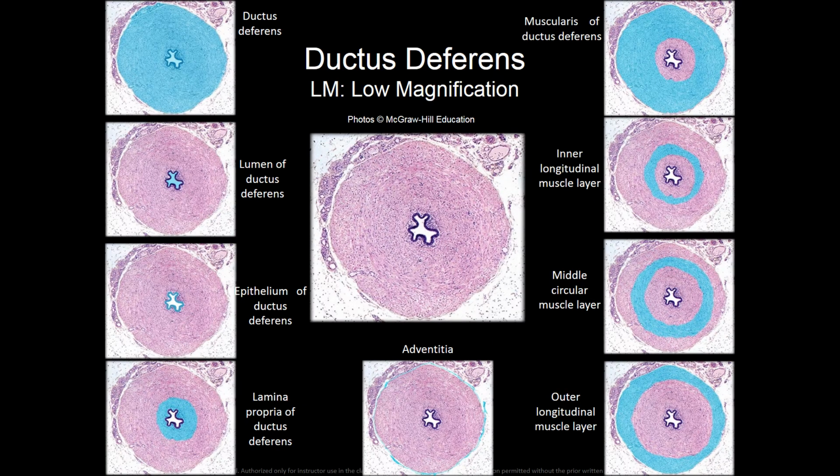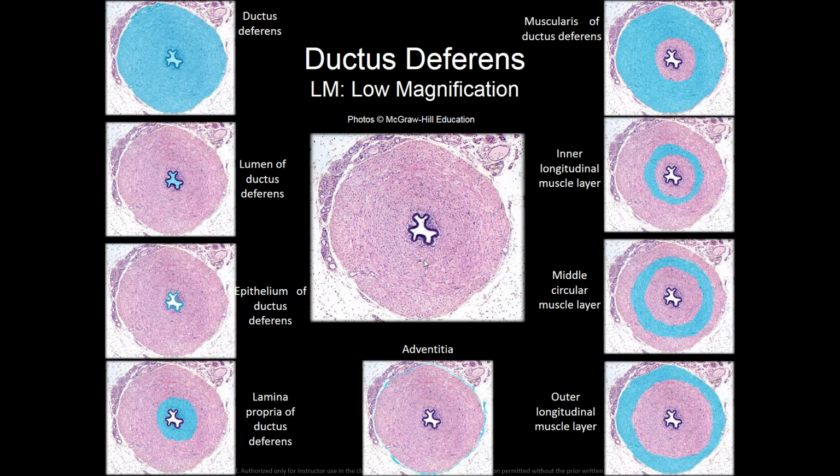This is a cross section of the ductus deferens, so you can see the different layers. So you have this inner layer that is made of an epithelium. And then you have this muscular layer, an inner longitudinal layer, and a middle circular layer, and another longitudinal layer.